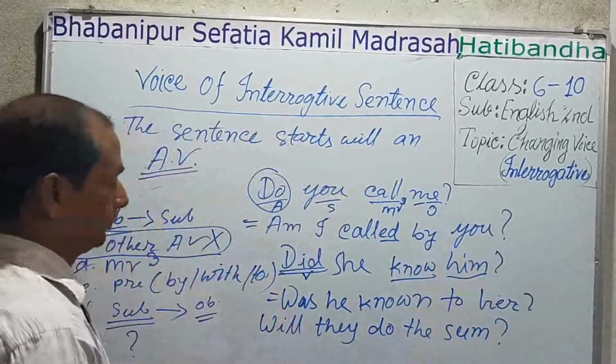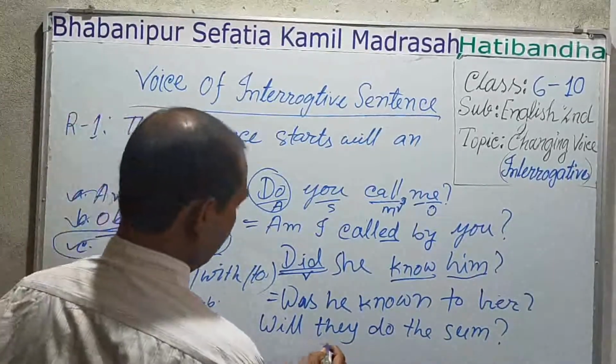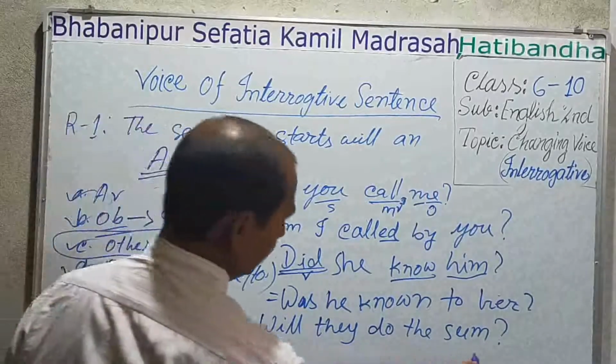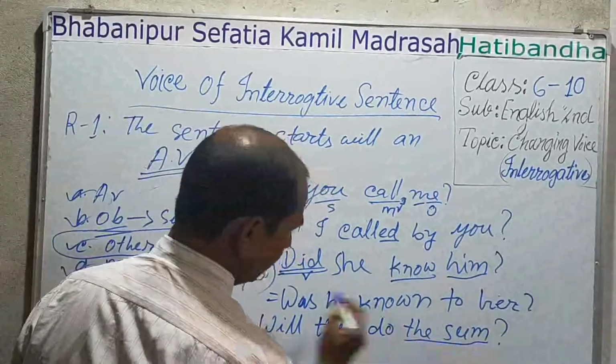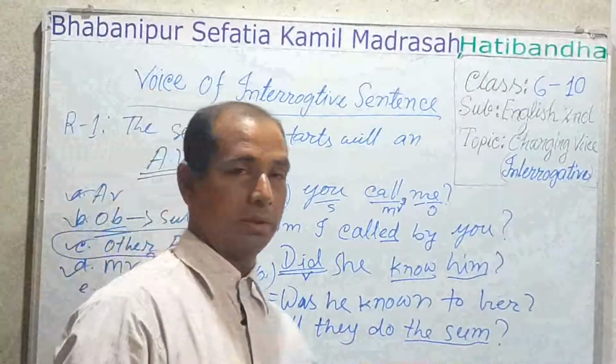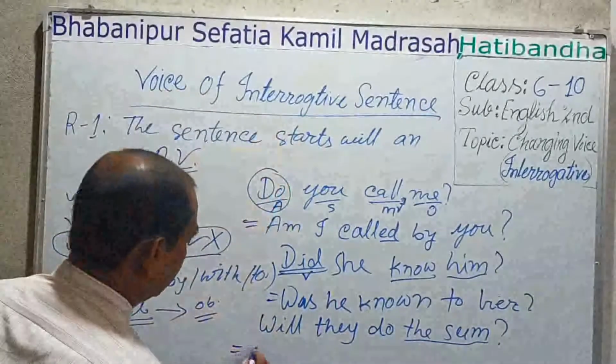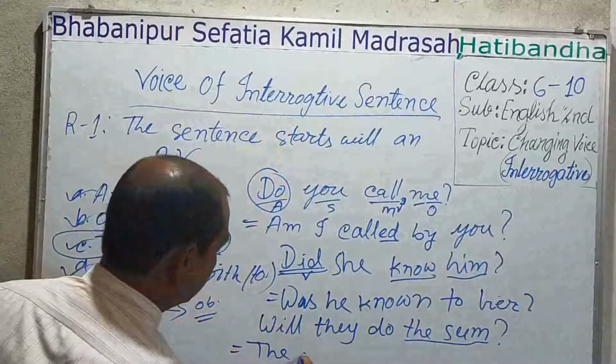Same as, it is an interrogative sentence and the object is the sum, because it is a noun and the subjective form is the same.